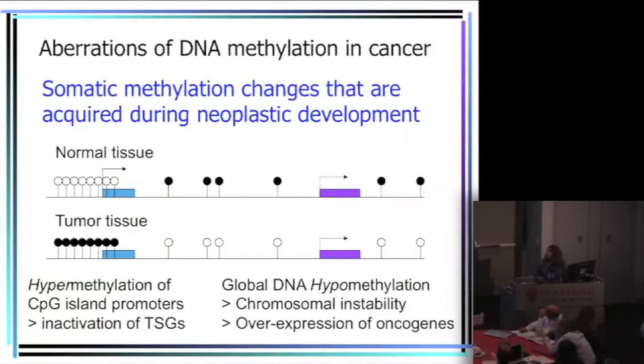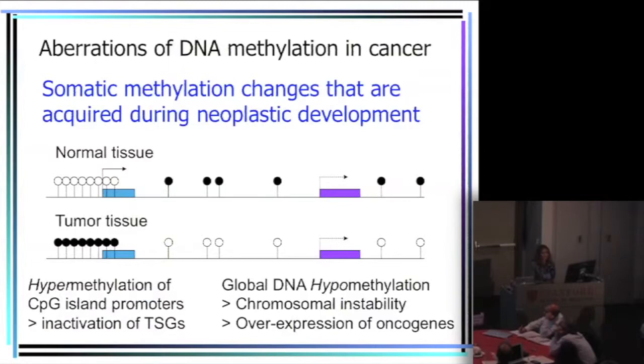So I'm sure everyone's familiar with this, but aberrations of DNA methylation in cancer. What I'll talk about today will be confined primarily to these somatic methylation changes that are acquired during the neoplastic development process, but I will show one slide where there is methylation present in normal tissues that may also be etiological.